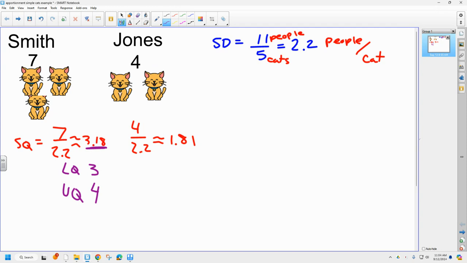So your lower quota would be 3 and your upper quota would be 4. Your lower quota would round down to 1, and your upper quota would round up to 2. The quota rule just says it either has to be 3 or 4. You're going to give this family either 3 or 4 cats. You're going to give this family either 1 or 2 cats, nothing else. Anything else would be a violation of the quota rule.